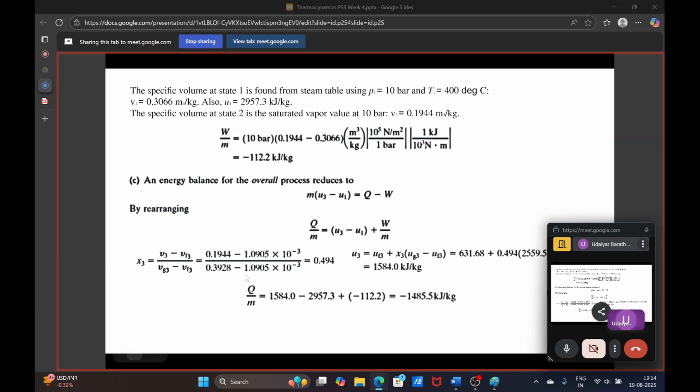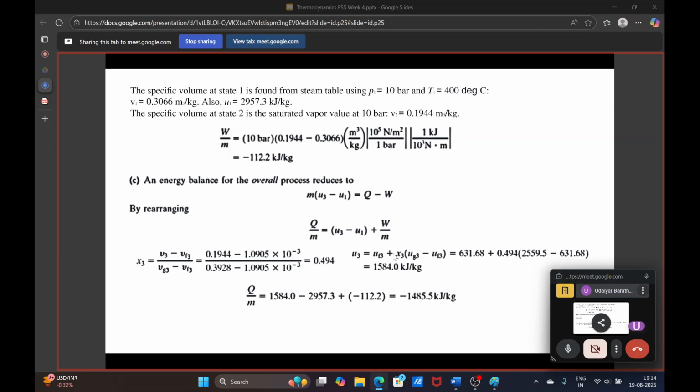So we'll get x3 as 0.494, and similarly U3 is the internal energy of liquid plus vapor fraction into the internal energy of saturated vapor minus saturated liquid. This is again a similar reading from the steam table.